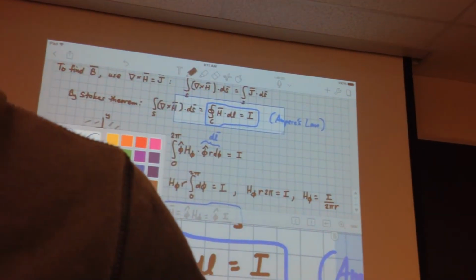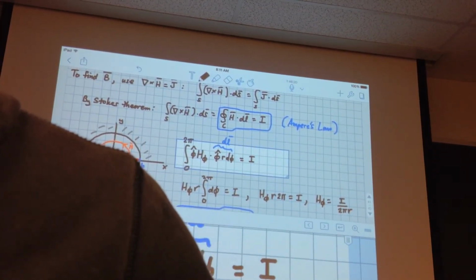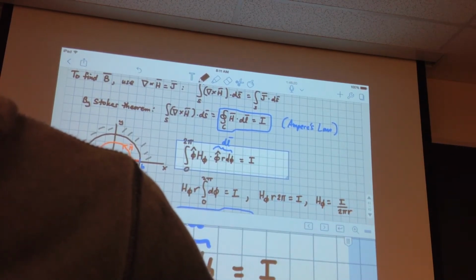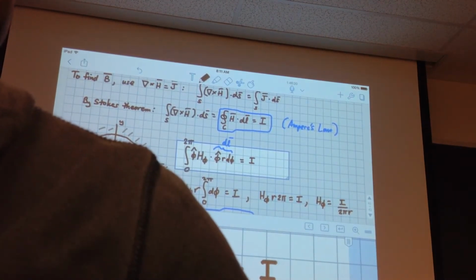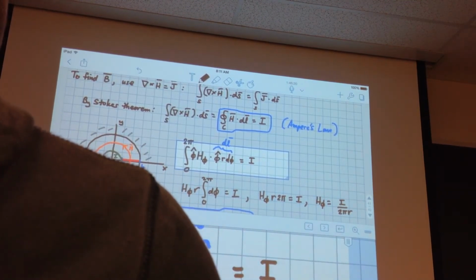So phi hat is the unit vector around that contour, and then a differential length on that contour is distance from the z-axis times the differential angle, and that gives you that little bit of arc length. So r is the cylindrical coordinate r from the z-axis.